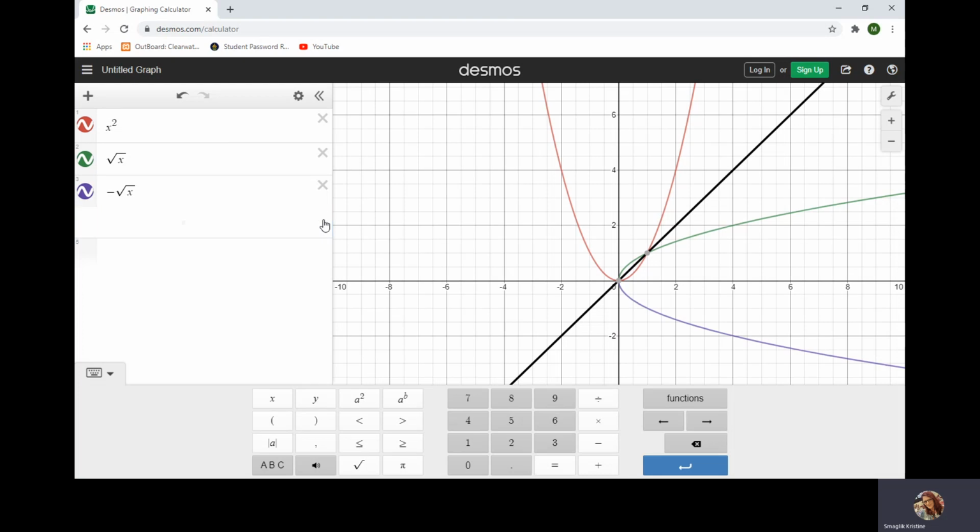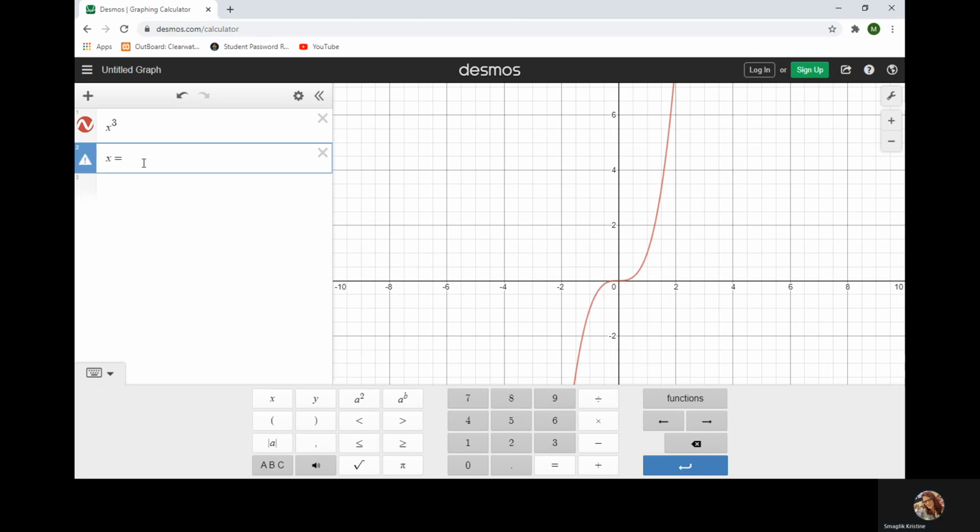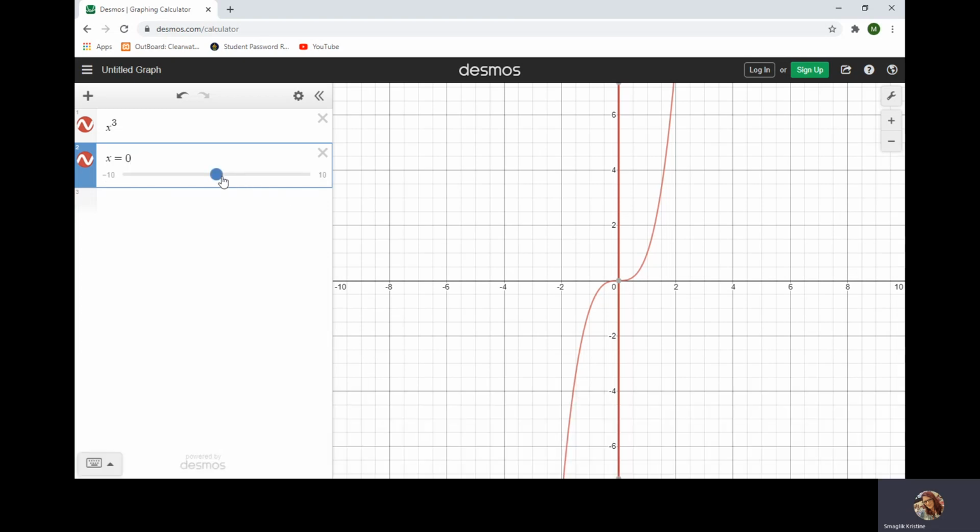Let's take a look now. Let's go up to a cubic. Let me change this to an exponent of 3. Okay, so here's your cubic. Let me put in a vertical line. Here we go. There's my scroll bar.